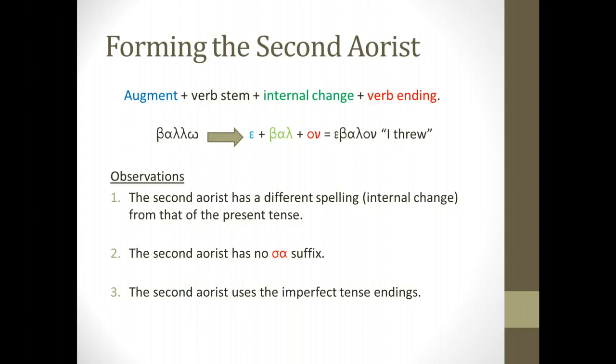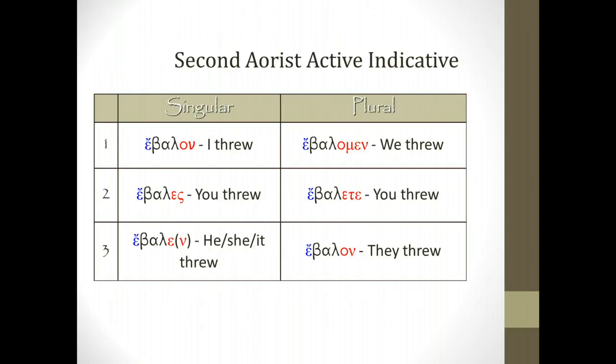First, let's take a look at our paradigm for the active. The second aorist active indicative looks like this, and we're going to use bal here instead of lu, because lu does not appear in a second aorist active form. Bal, however, does. So here you have the word balo, which in the second aorist becomes ebalon, ebales, ebale or ebalen in the third person singular with our movable nu, ebalomen, ebalete, and then again ebalon.